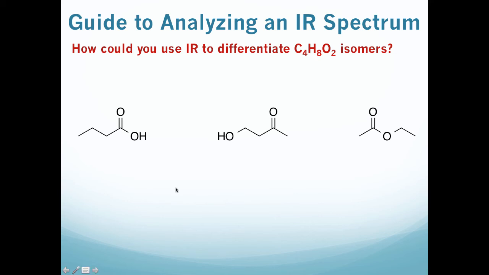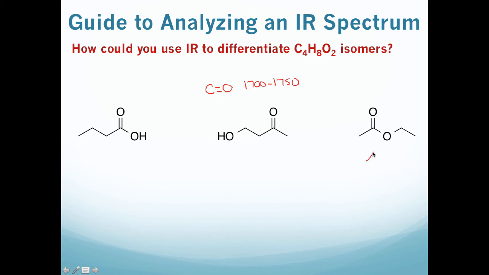So just a few things we should be able to say before we look at the spectra. All have a carbonyl, so in all the spectra we're going to see a carbonyl stretch, and that's going to be somewhere between 1700 and 1750 wave numbers.